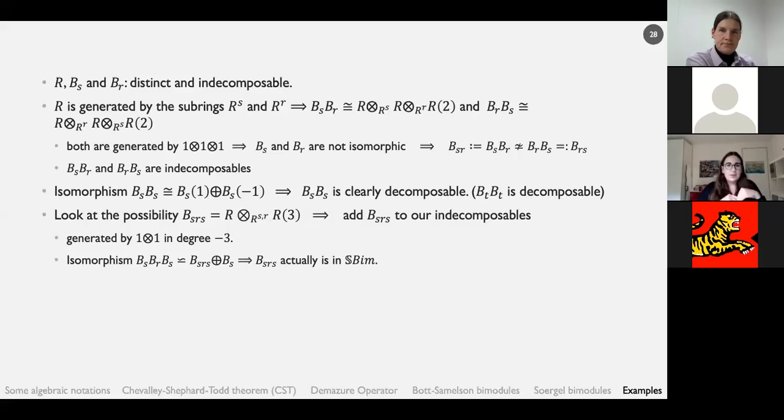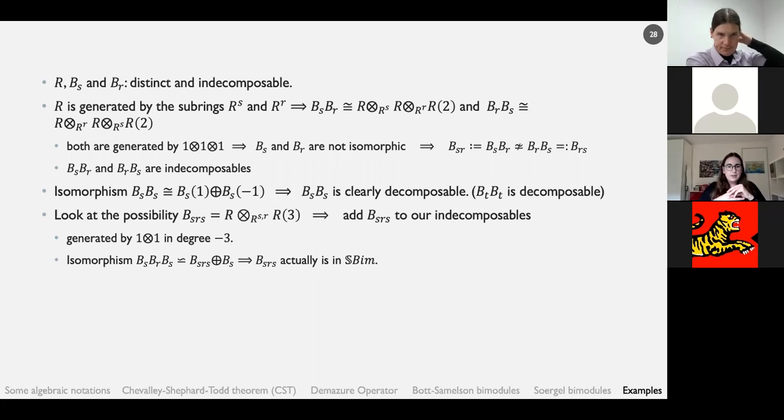So the next step is to look at B_S B_R B_S. B_S B_R B_S is equal to R tensor over R^S of R with a grading shift of 3. Then B_S B_R B_S is generated by 1 tensor 1, and this has degree -3.